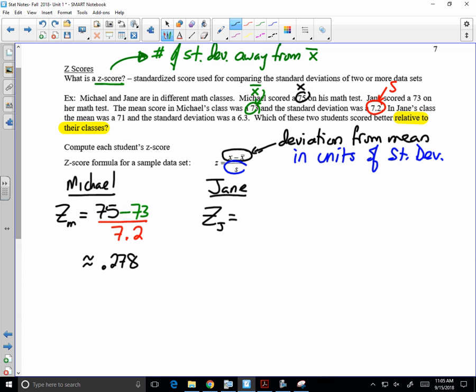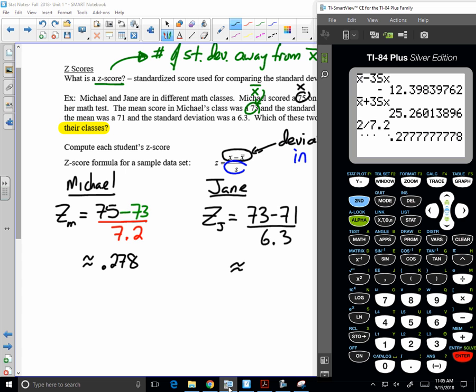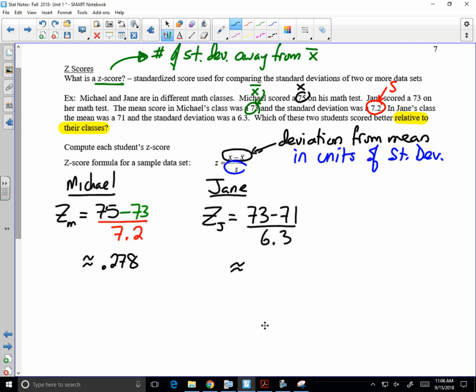So let's see where she's at. 73 was her individual score. 71 was the class average, and 6.3. So 2, wrong thing. 2 divided by 6.3. Looking at about 0.317.